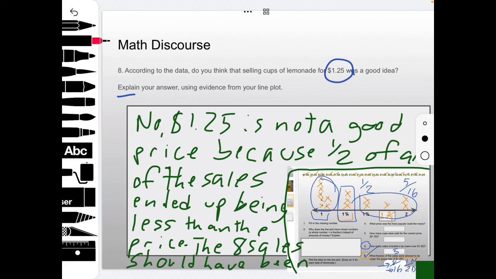Well, that would be 8/4. And what is 8/4? 8/4 would be $2. So you lost $2 because of those 8 sales.